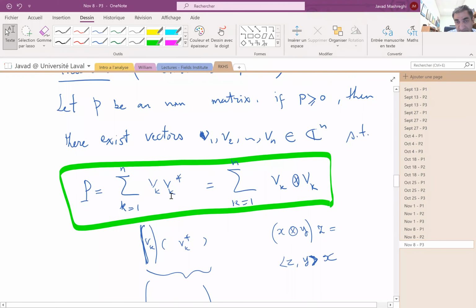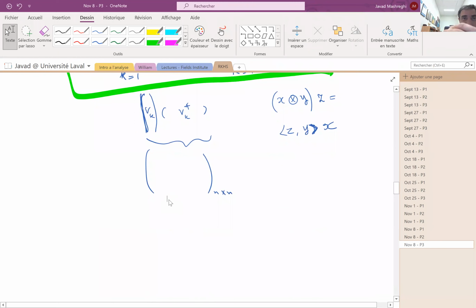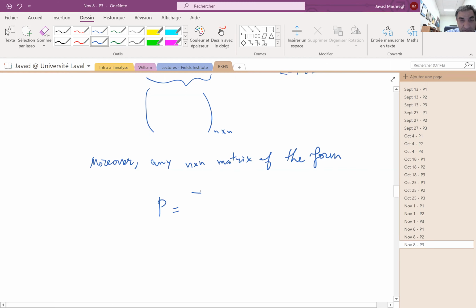We saw this decomposition. What is kind of new is that, moreover, any n by n matrix of the form P equal to the sum, and look here, I don't write up to n, I write up to m.